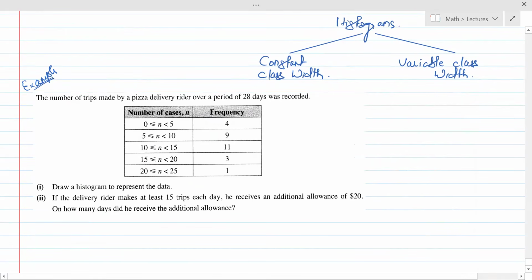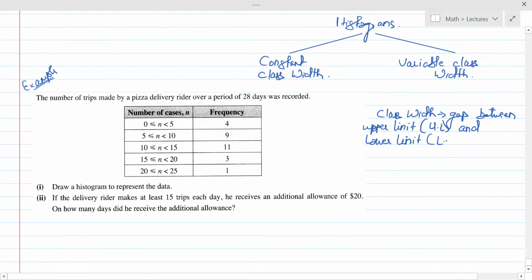So what do we mean by the term class width first? Class width is basically the gap between the upper limit and the lower limit. For upper limit, I'm using the term UL, and for lower limit, I'm using LL.